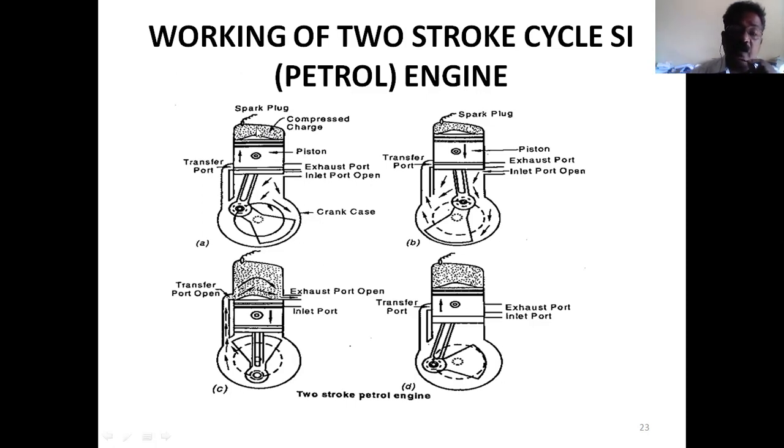When it moves downward, the exhaust port opens, and the transfer port also opens, because the transfer port leads straight toward the exhaust port. The burned gas inside the engine cylinder exits through the exhaust port.